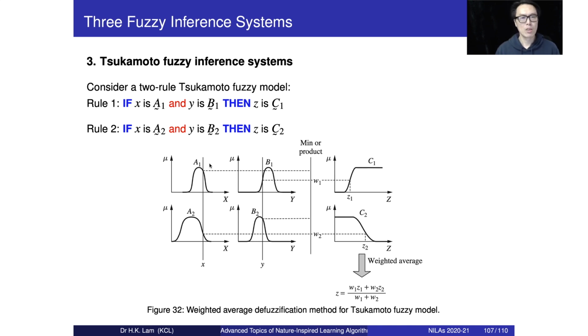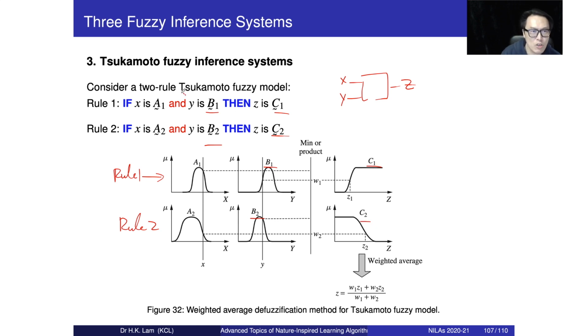Okay, so in this figure we have two inputs as well, x and y, and then z. Here is x with A1, A2, this is for rule 1, this is for rule 2, so A1, A2 plotted right here, B1, B2, and then there are C1, C2 right here.